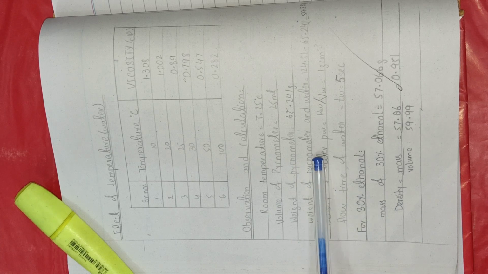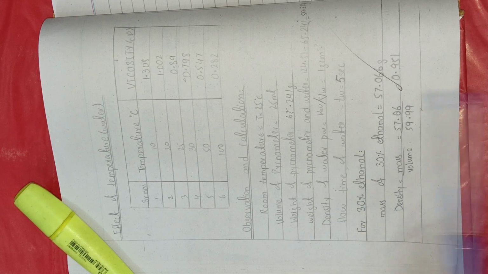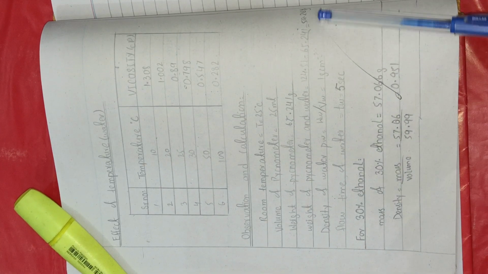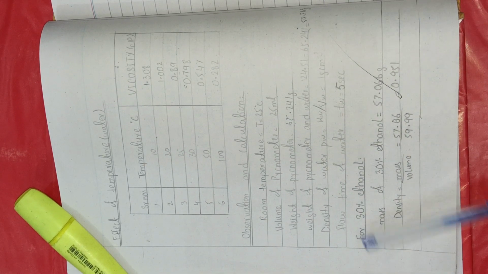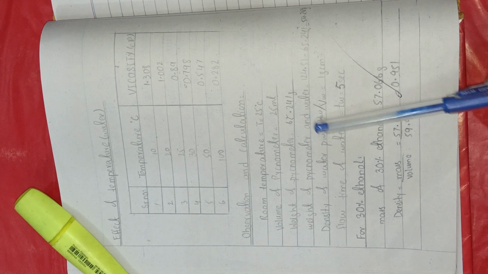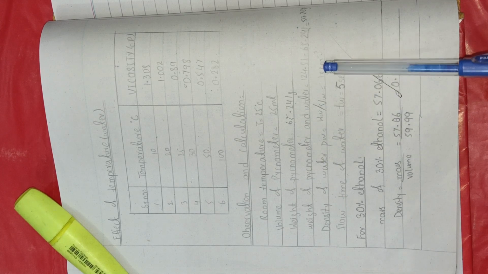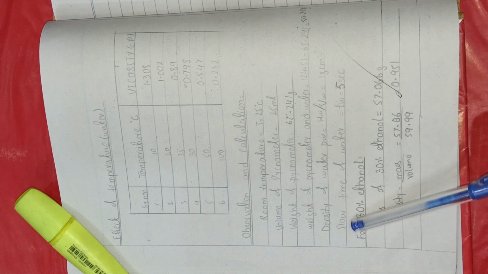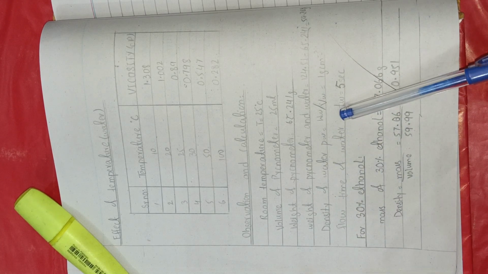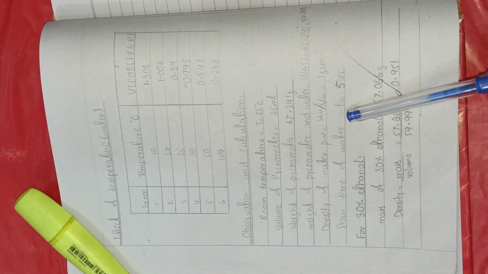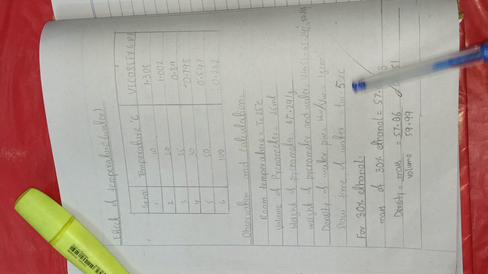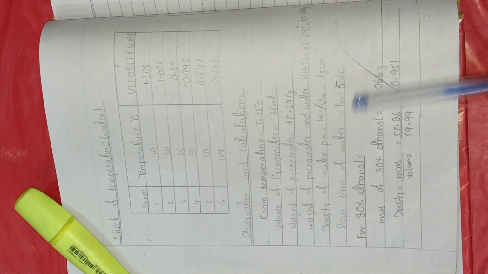Then you find out the weight of the pycnometer and water, so you are going to subtract the empty weight, and you find out the real answer. Then you find out the density of your water by dividing the weight of water by the volume of water, and you will get the density and the flow time of water. You also have to measure the time the water takes moving from A to B. So this time is 5 seconds.